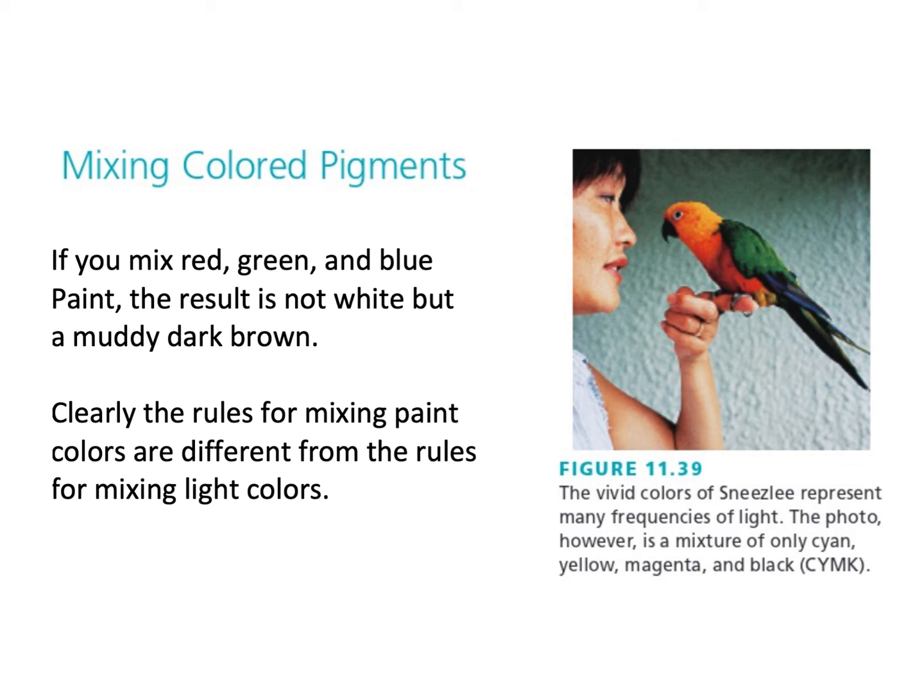And so, if I mix red, green, and blue light all together, we know that's going to make white light. But if I mix red, green, and blue paint together, I don't get white paint. I get something that's kind of a muddy, dark brown. Clearly, the rules for mixing paint or mixing pigments is different from the rules for mixing light colors.